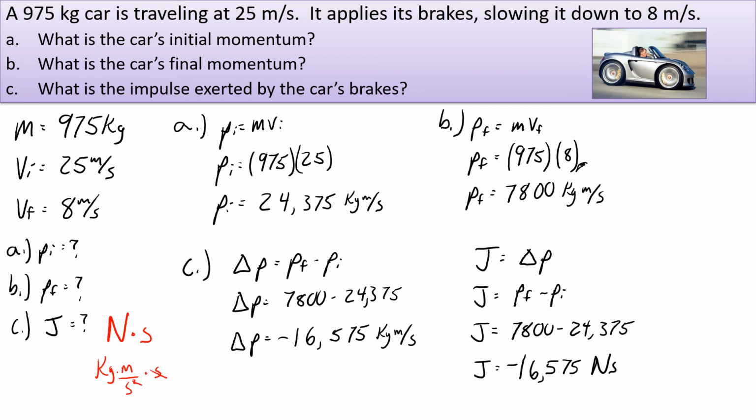Seconds cancel out. What are you left with? A kilogram times a meter per second. So a Newton second is equivalent to a kilogram meters per second. Impulse is your change in momentum. And then tomorrow we're going to say, oh, it's equal to the force times time. Beautiful.